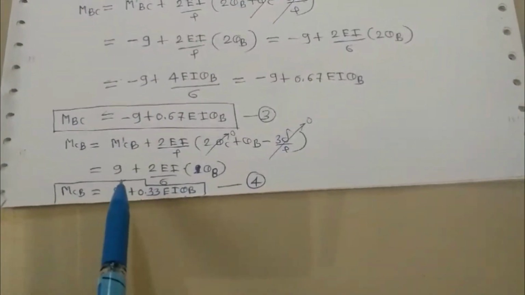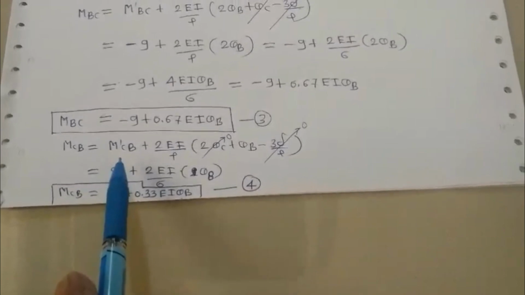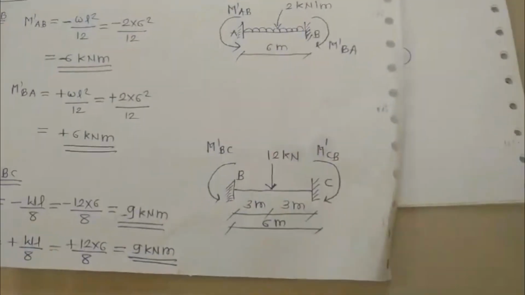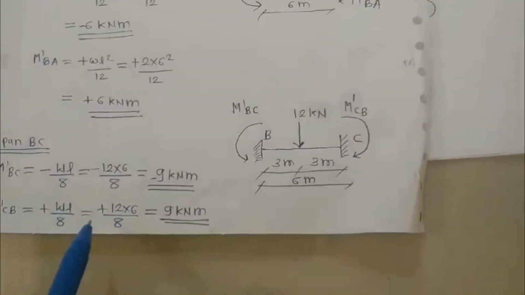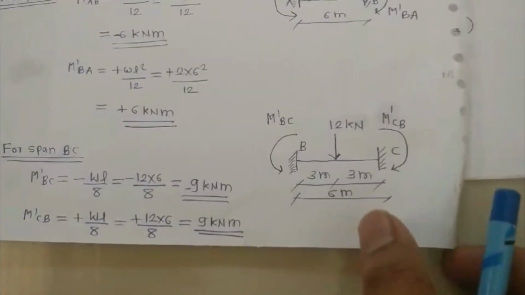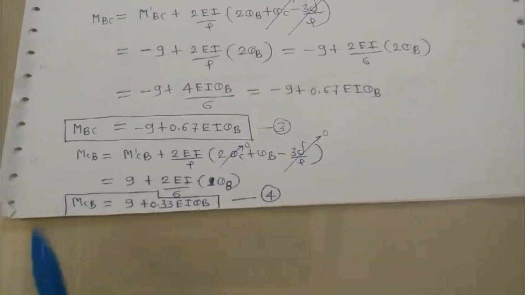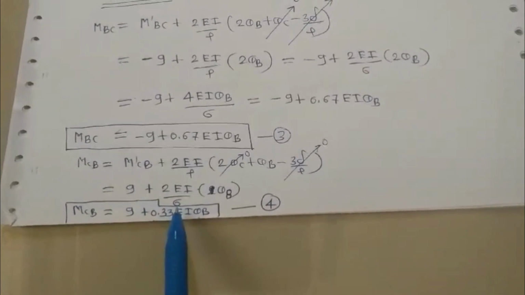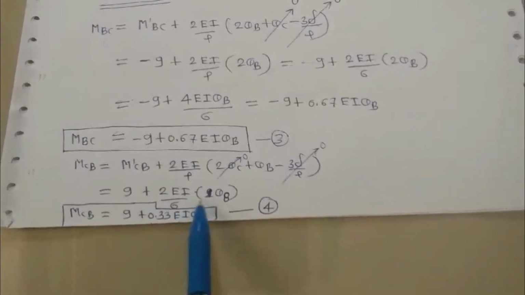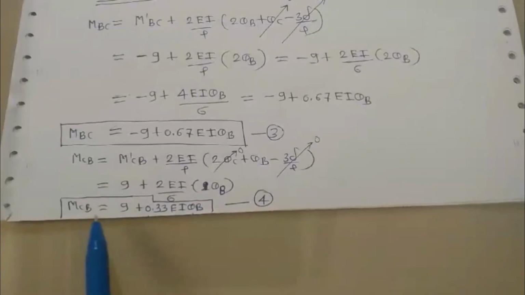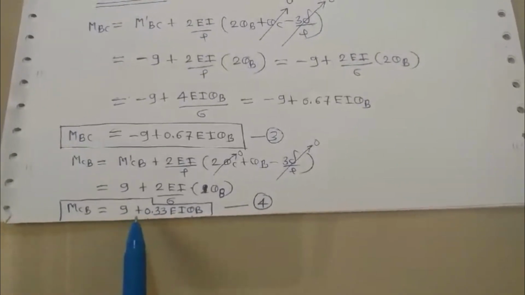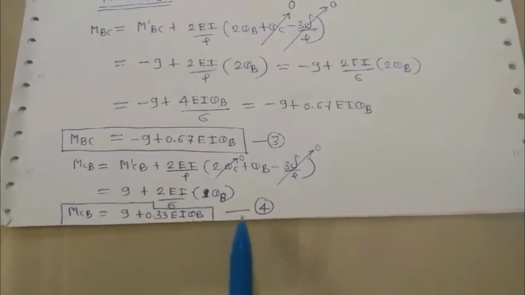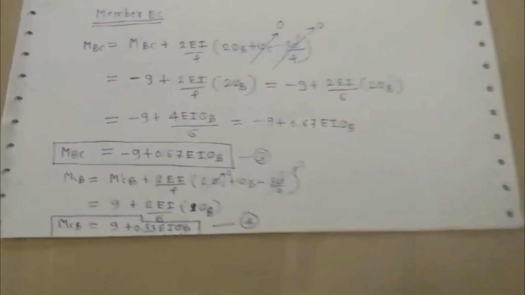So you will get plus 9, M dash CB, that was a clockwise moment. The moment was clockwise, that is, the value was plus 9 kilonewton meter. So you will get plus 9 plus 2EI upon L, where L is the span of BC, 6 meter, in bracket theta B. After simplifying, you will get MCB is equal to 9 plus 0.33 EI theta B. This is equation number 4.